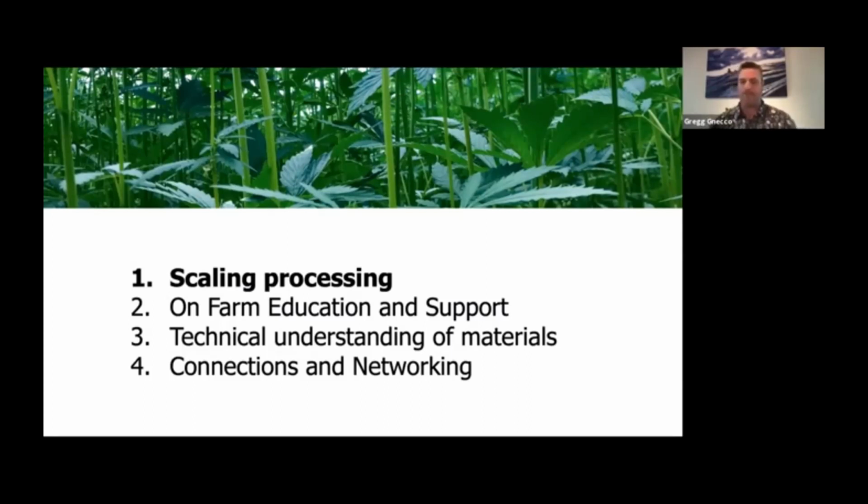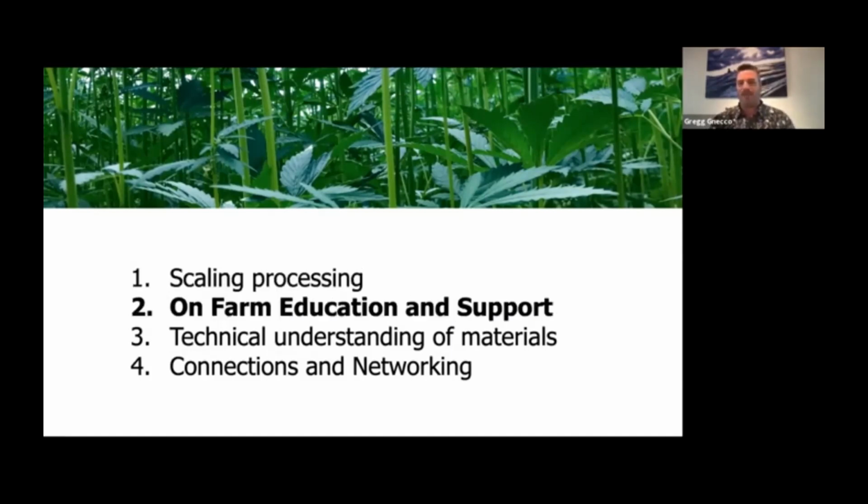But if we have the processing infrastructure set up and we start with these grain bales, now we can start expanding on the other genetics and the other things that we can learn more from that. Beyond that, we have the on-farm education and support. And that's really teaching current farmers new techniques for harvesting, if we are harvesting specifically for fiber, how that plays into retting techniques.